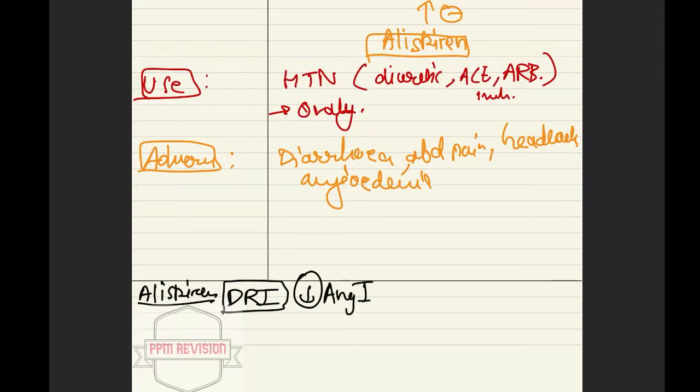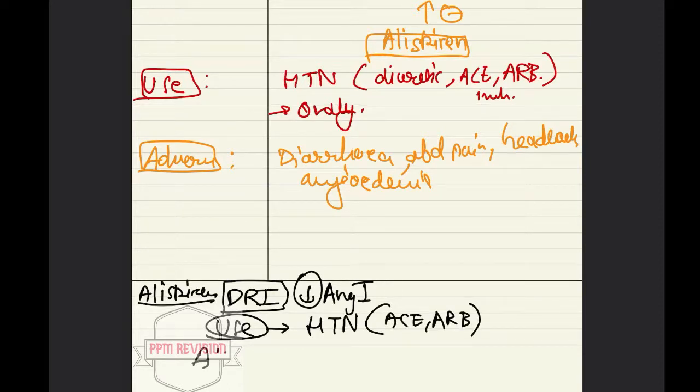And looking at the use, it is used in hypertension and can be used in combination with other drugs such as ACE inhibitors, ARBs, as well as diuretics. And looking at the adverse effects, it can result in diarrhea, as well as abdominal pain, headache, as well as angioedema.